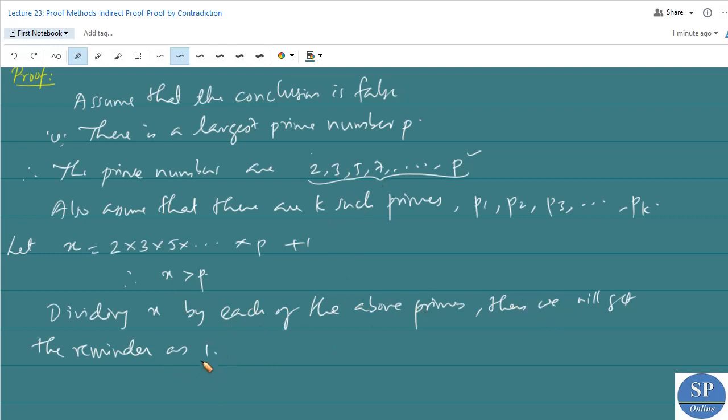That means x is not divisible by any of the above primes.